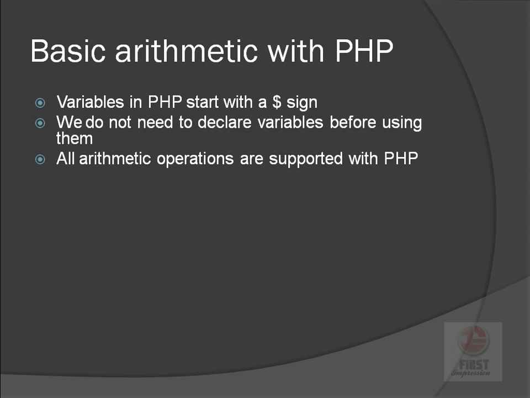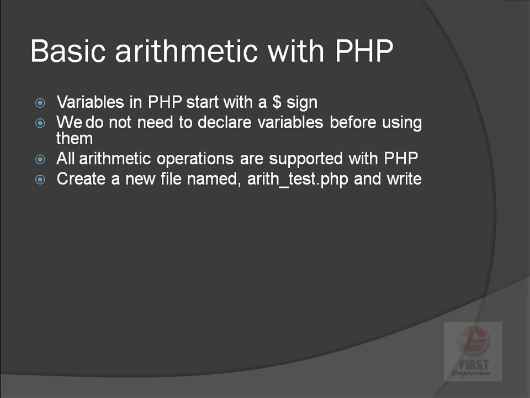All arithmetic operations are supported by PHP, that is plus, minus, multiply, divide, modulus, etc. Let's create a new file named arith_test.php and write <?php, that marks the start of PHP. Then we have $num1 = 10. That indicates we are declaring a num1 variable with the value 10. We also have $num2 = 20.